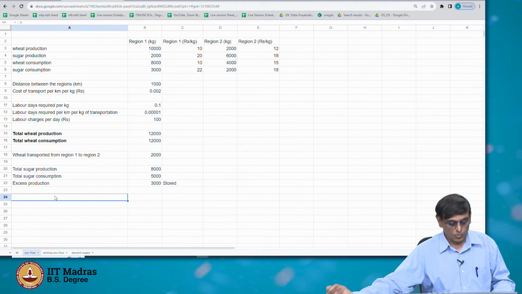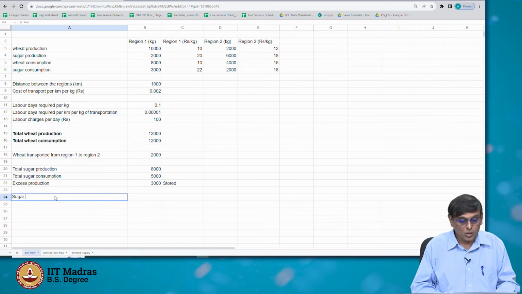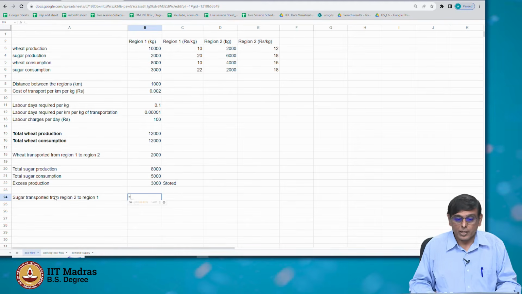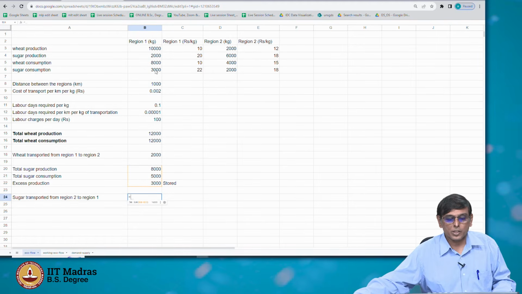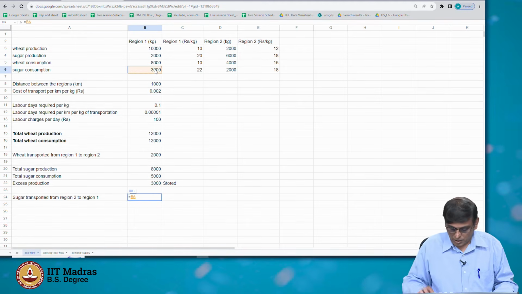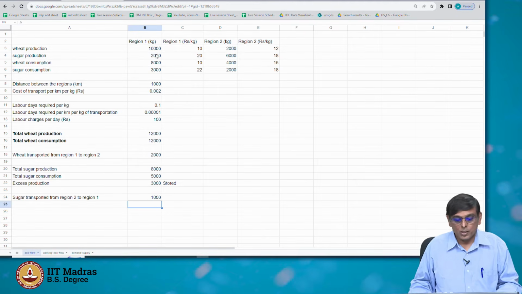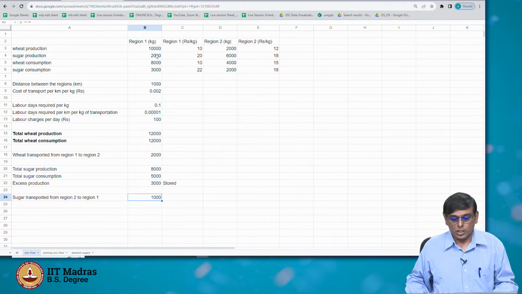So, sugar is transported from region 2 to region 1, and this can be calculated by taking sugar consumption here and subtracting that from sugar production here, right. So, this difference is 1,000. So, this is the amount of sugar transported from region 2 to region 1.